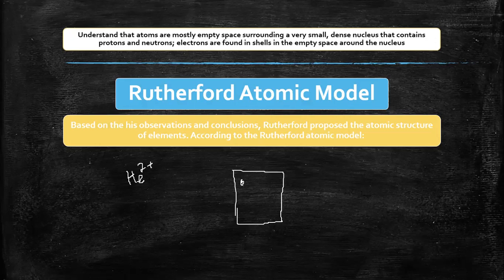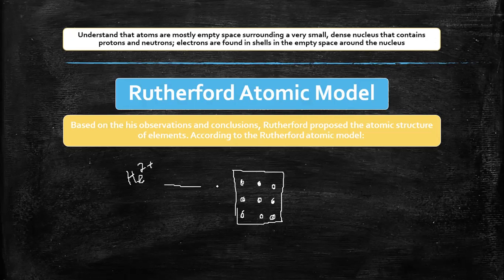As you know, matter is composed of atoms, so this thin foil contains atoms of gold, and every atom has a nucleus, and the nucleus contains positive charge.